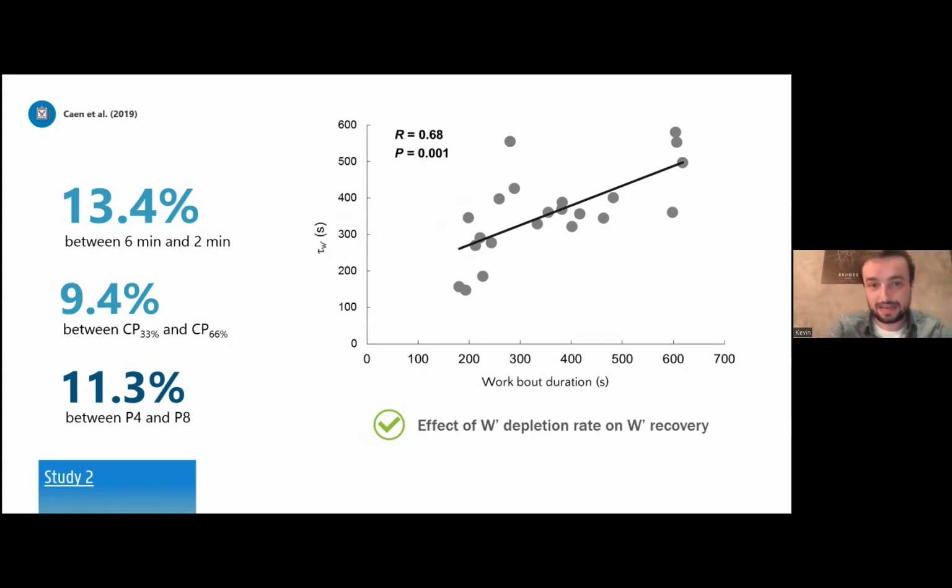So it seems that going until exhaustion at a higher intensity in a shorter period of time is less fatiguing than when you cycle at a somewhat lower intensity over a longer period in time until exhaustion. So there's an effect of W prime depletion rate on the W prime recovery.